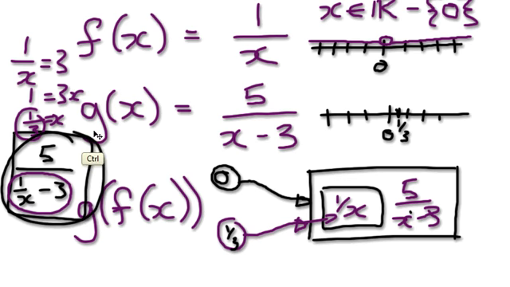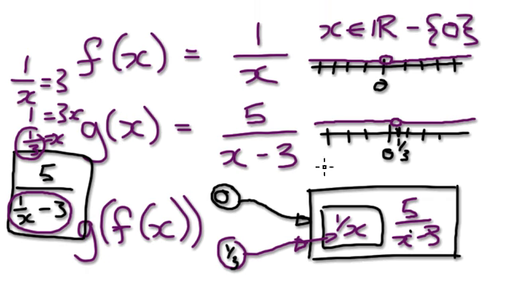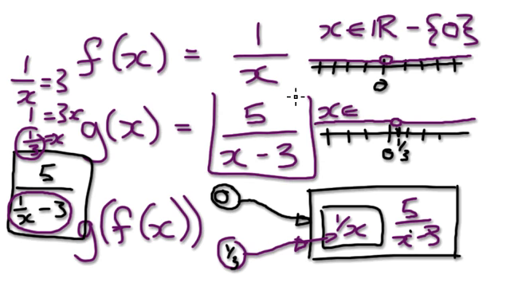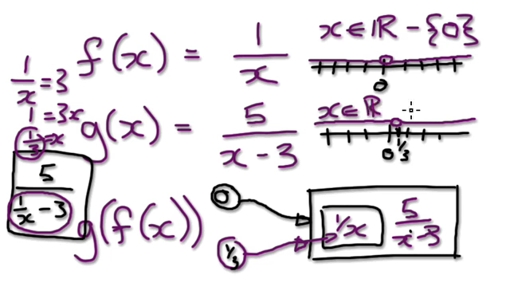Looking at this, x can be anything except for a third. Remember, don't forget you're burying this into here. For this function, x can be anything on the real number line except for the one element a third.